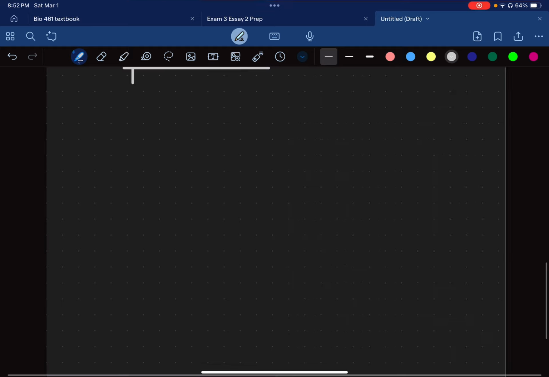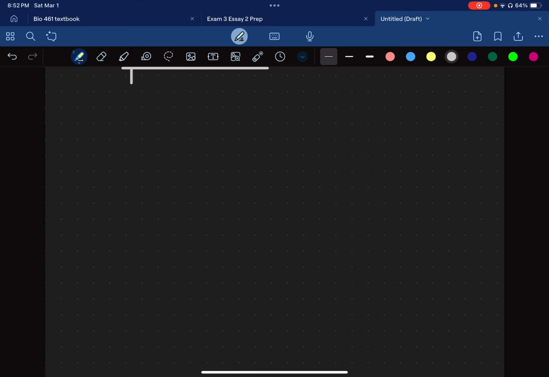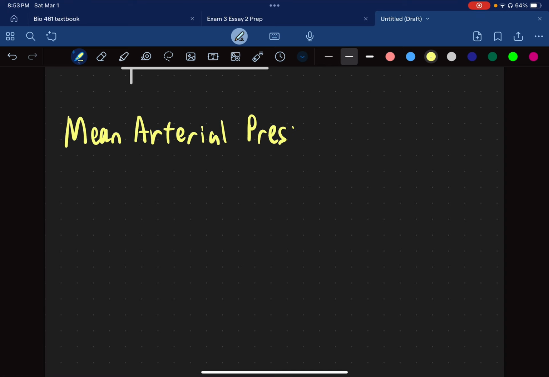Next here, let's talk about some of the ways that blood pressure is regulated. And that has to do with something called the mean arterial pressure.